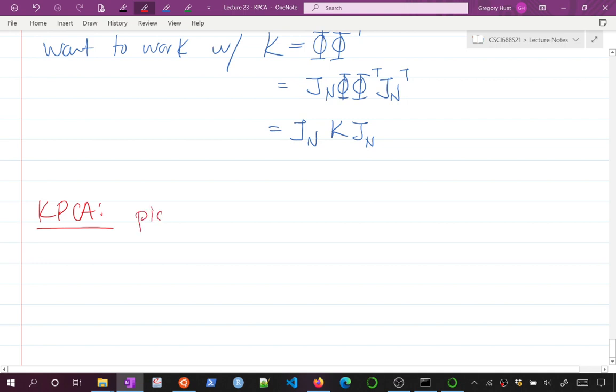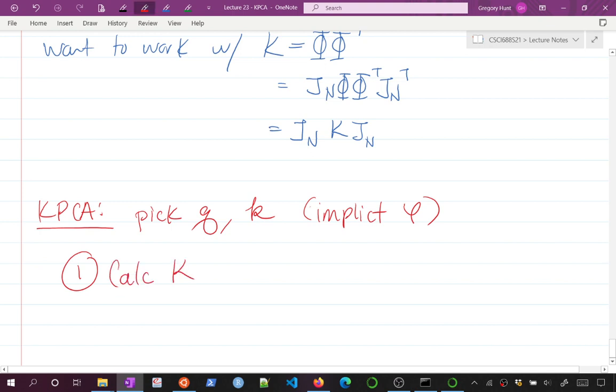The KPCA algorithm, we can then summarize in a couple little steps here. We pick some dimension Q that we're going to project down onto. We pick a kernel, K, and implicitly this is picking some embedding, but we don't actually need to worry about it. We don't need to deal with the embedding. We calculate K, my kernel matrix.